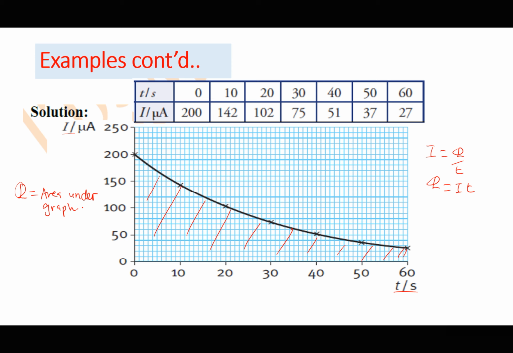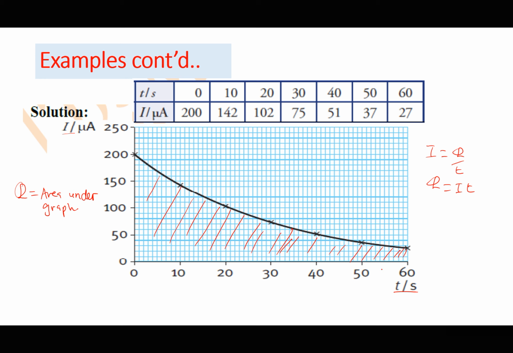You can even check if the units are going to be coulombs. Here you have seconds and you have ampere seconds. Of course, ampere seconds, that is the unit for charge. So Q is going to be the area under the graph.